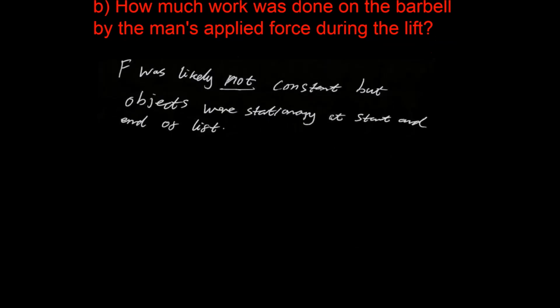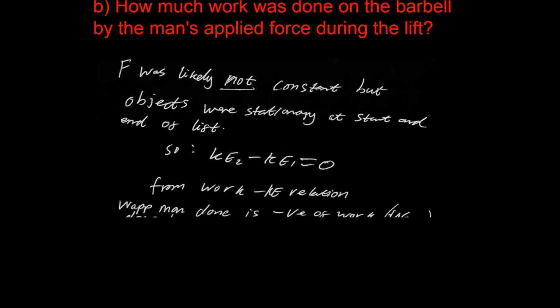Part B states how much work was done on the mass by the man's applied force during the lift. Well, the force likely wasn't constant, but we can't really take that into account. The object was stationary at the beginning and end of the lift, so we can say K2 minus K1 was equal to 0.